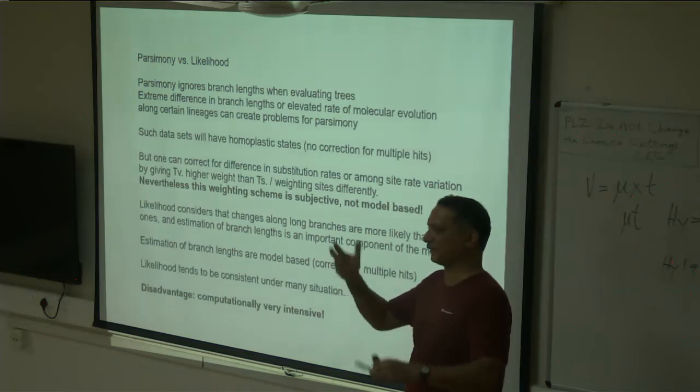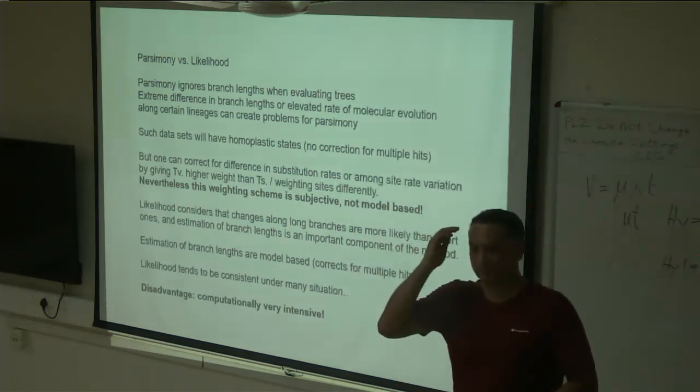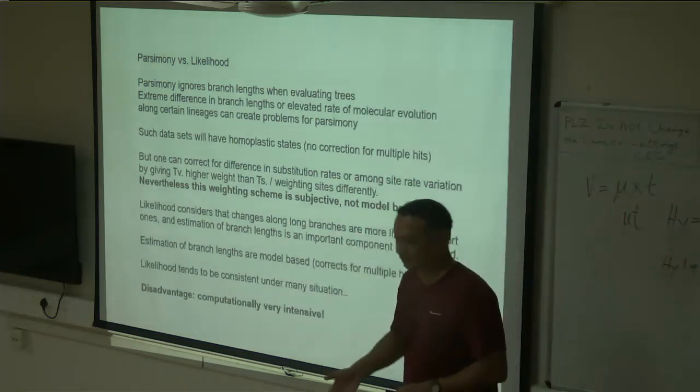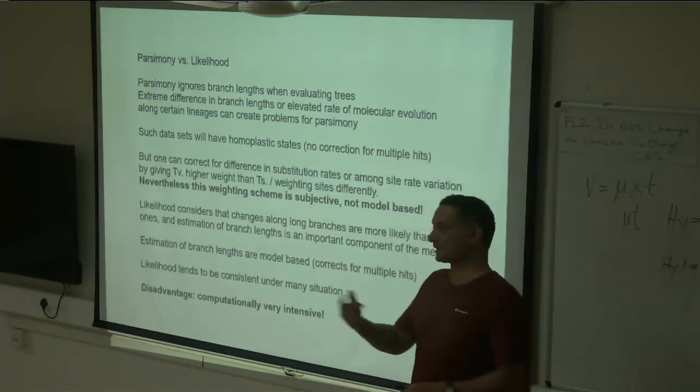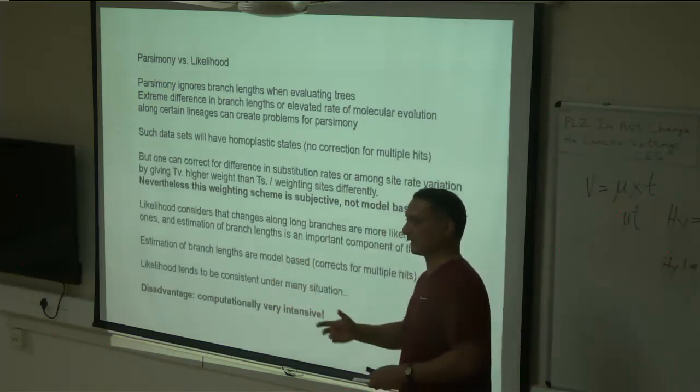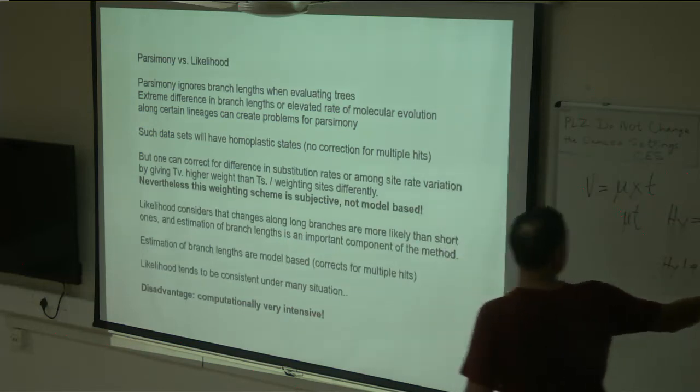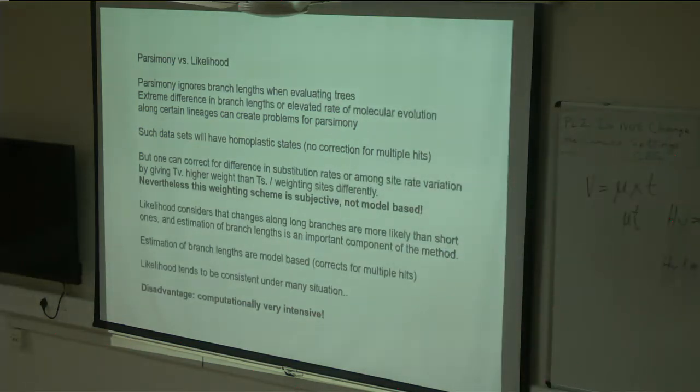Parsimony won't care which branch those changes should actually fall on, because it's giving the same value. It will just pick one of them randomly, right? But here, likelihood actually plays around with branch lengths to get a better likelihood score, right?